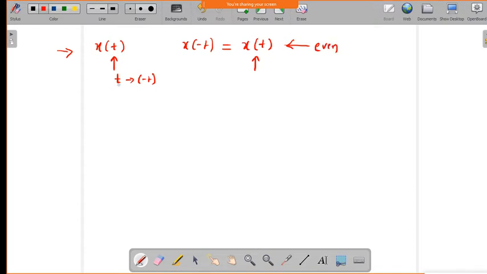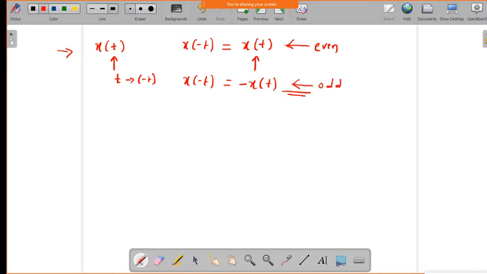And if x of minus t is equal to minus x of t, then you will have an odd component. So, this is about even and odd components.